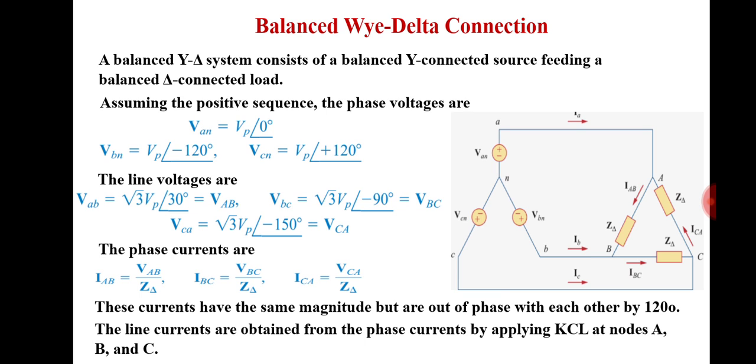The line voltages are VAB equal to root 3 VP with angle 30 degree, VBC equal to root 3 VP with angle minus 90 degree, and VCA equal to root 3 VP with angle minus 150 degree.